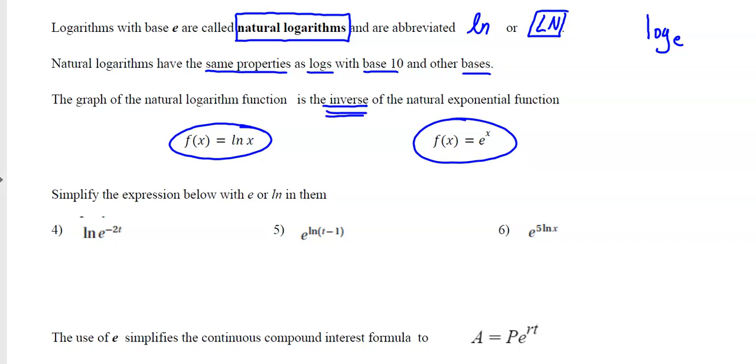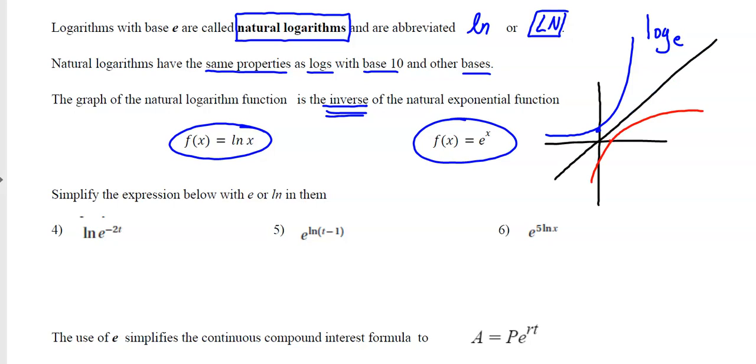So meaning that, remember, inverses on a graph, if you were to graph them, and we looked at e to the x, it did something like this, well, our natural log of x is going to come up and look something like that. Because remember, it's going to be symmetrical along the line y equals x. So this would be e to the x, and this would be the natural log of x.